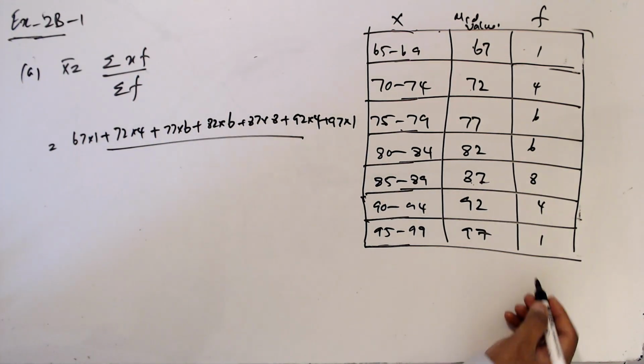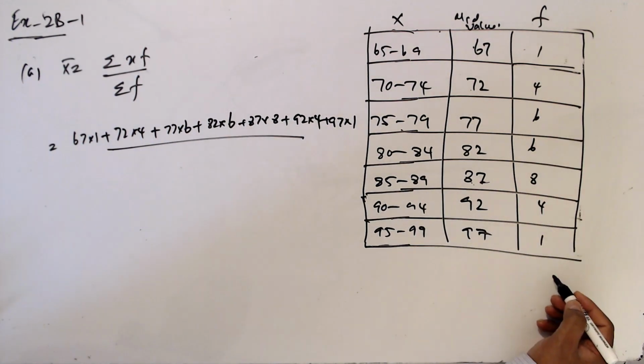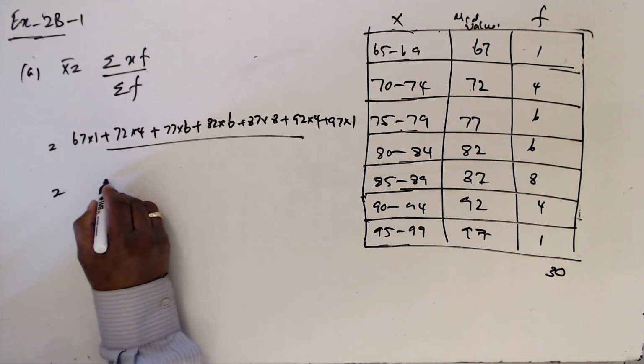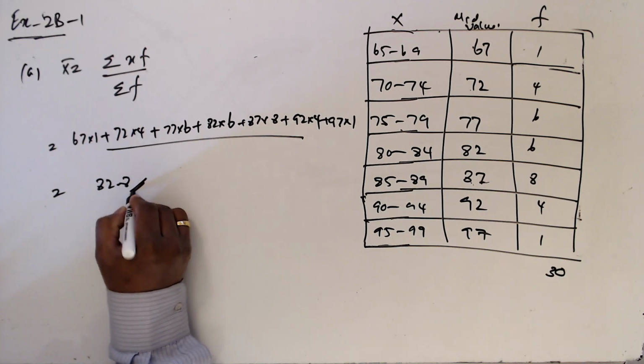Divide by how many locations here? 30 locations. So the answer should be 82.3.